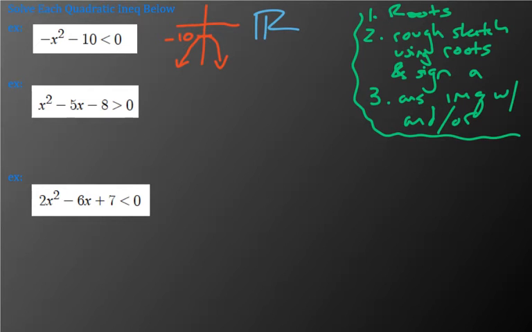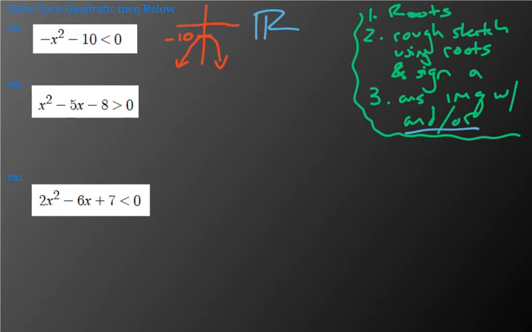That's one that's not an "and" or an "or." It's a weirder one, but a lot of them are "and" or "or" ones. You don't even need to find the roots, because you can get the rough sketch just based on function transformations. Then you can see that it's all reals because everything you plug in will make it less than 0.